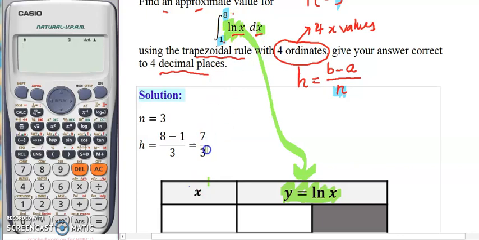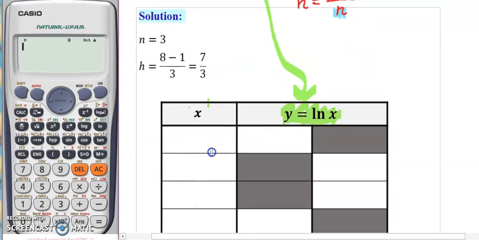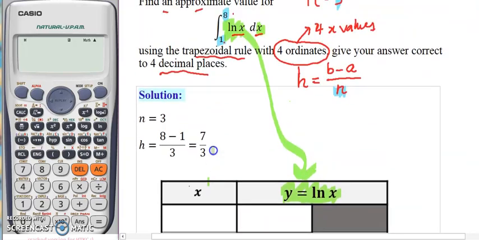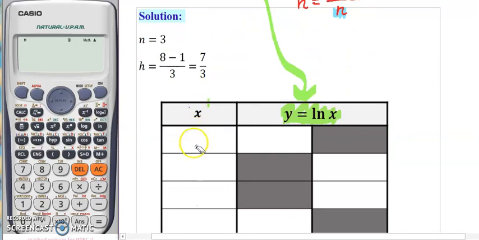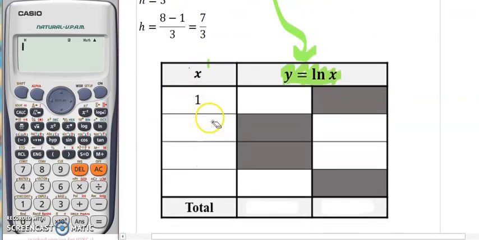For the column of x values, we're going to refer to the lower bound as the start and the upper bound as the end. So we begin with the first x value in the table, 1, which is the lower bound of the integral, followed by the next value, where I add the value of h that I have evaluated, which is 7 over 3.